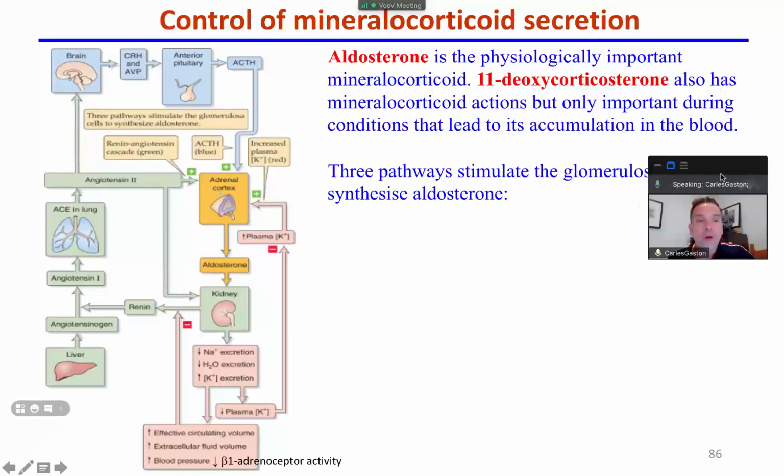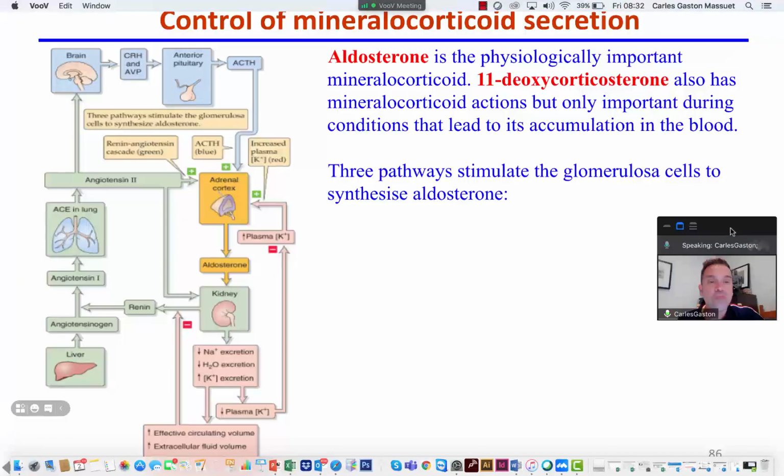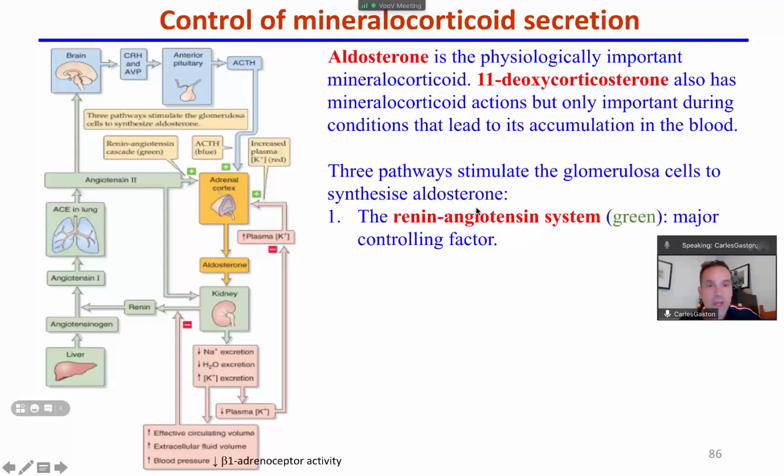So, 3 pathways stimulate the glomerulosa cells to synthesize aldosterone. There is one which is the renin-angiotensin system we saw yesterday, which in this panel is shown in green.